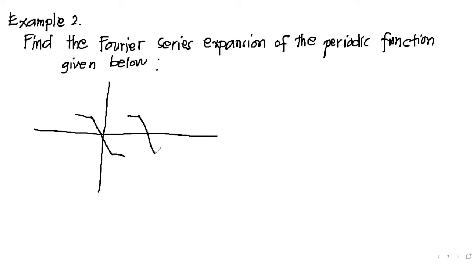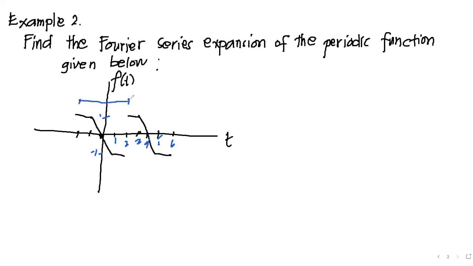Okay, similar to our example for the odd periodic function. Let's take a look at one period of the function in the center of the Cartesian plane. The value of the function from the right part of the Cartesian plane is equal to the negative of the left part.